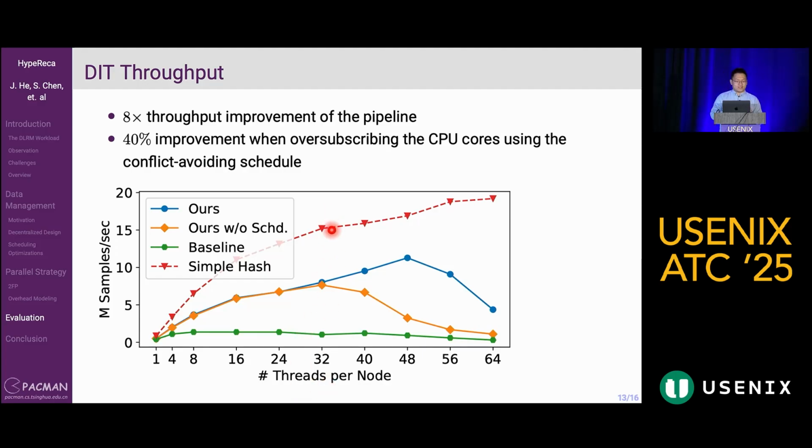And to our surprise, with our conflict avoiding schedule, we can even benefit when we oversubscribe, which means we use more threads than the hardware CPU threads. Because of the schedule, you can see from the plot that the blue line still goes up when we exceed the physical CPU number 32, and it stops at 48, and we can get about 40% performance improvement on our hardware.